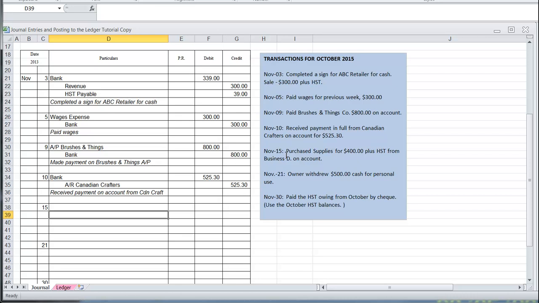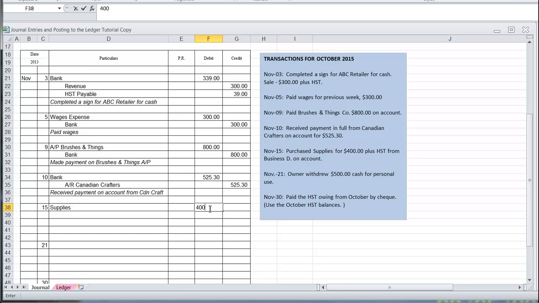For November 15th here, we purchased some supplies for $400 plus HST from the business D on account. And so now this is on account, so it does not affect our bank because it's going to be an account payable for us. But because we purchased supplies, our supplies would go up by $400.